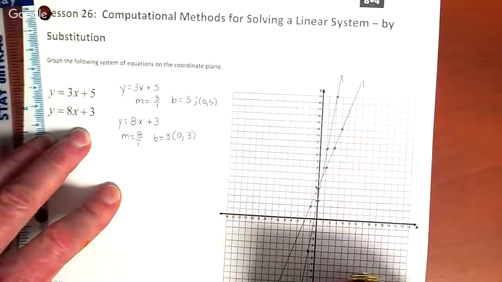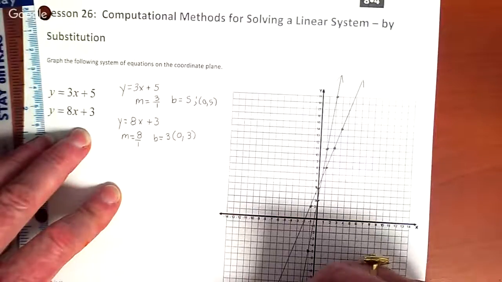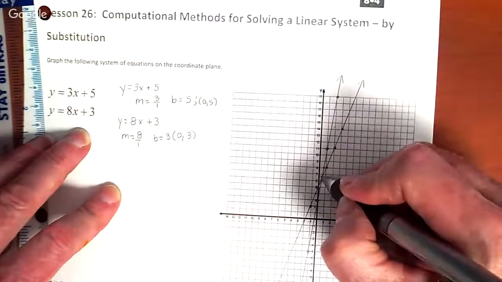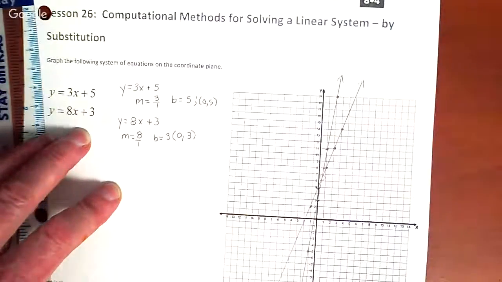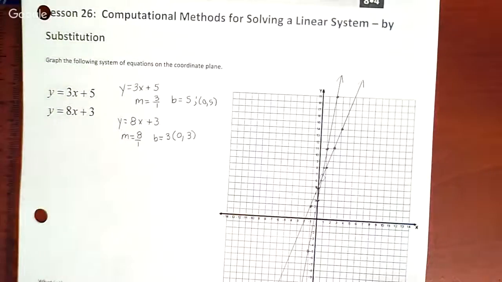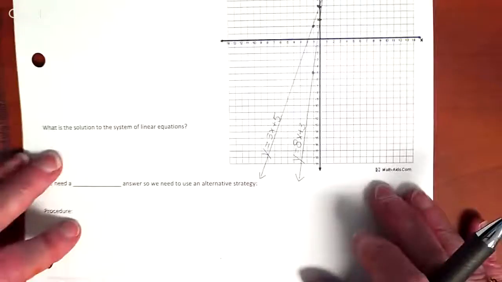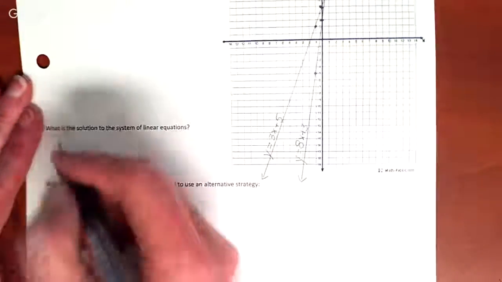So we have y equals 3x plus 5. So if you notice here where it crosses, it's hard to distinguish where it crosses. So it's not easy to identify.